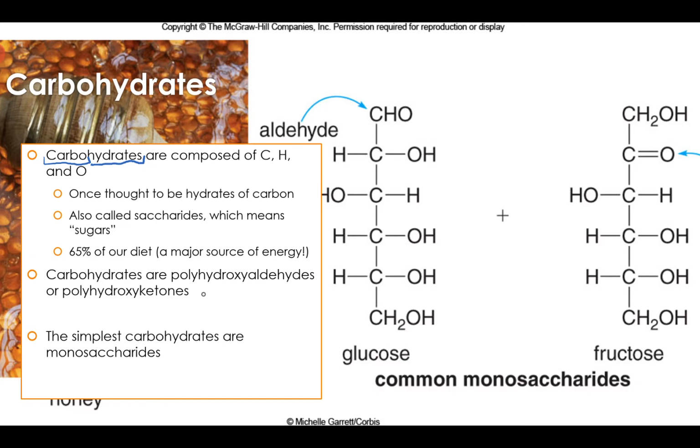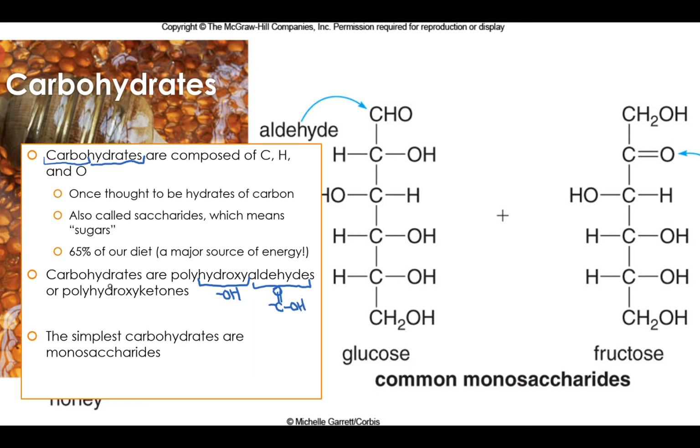They make up about 65% of our diet because they are a major source of energy for humans. Carbohydrates can also be called polyhydroxyaldehydes. That means many OH groups and aldehydes, meaning C double bond O with an H, or polyhydroxyketones, meaning many alcohols and a ketone.